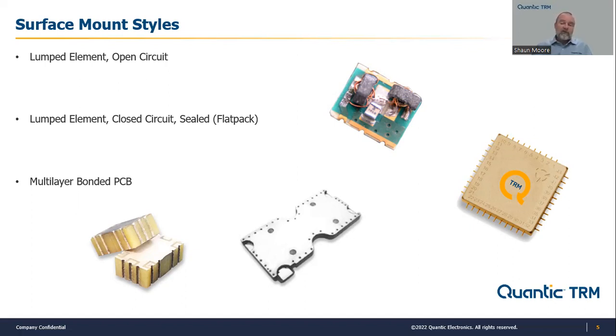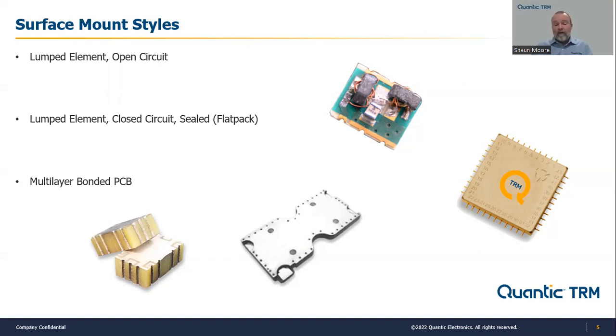That one usually is for lower frequency components, where the PCB gets directly soldered down to the main PCB. It's essentially a daughter card approach to building that. There are no connections in between.